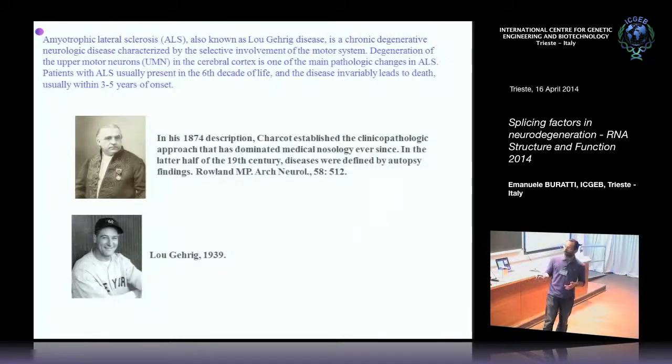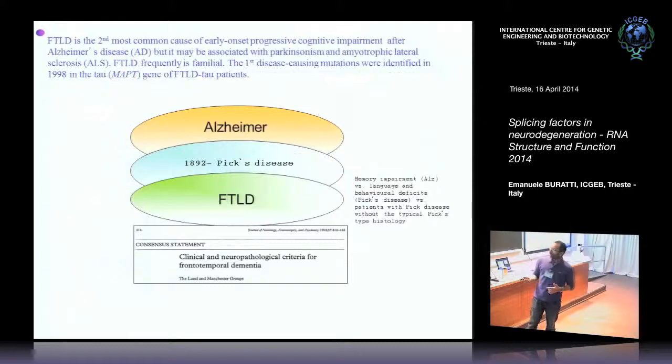It became very well known in the US in 1939 when the very famous baseball player Lou Gehrig died of this disease, and for quite a long time, ALS has also been known as Lou Gehrig disease. The other disease, which nobody knew was related, was defined a little bit later, in 1892, and the consensus was eventually reached in 1994.